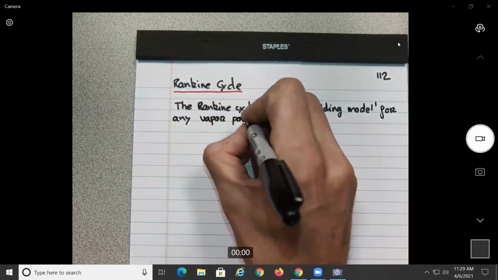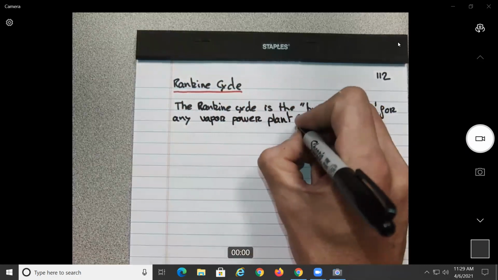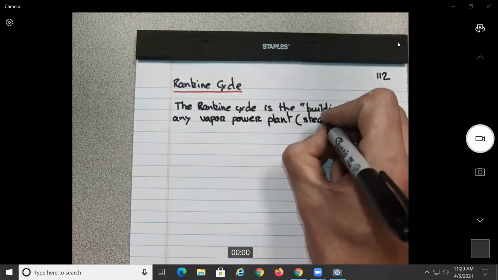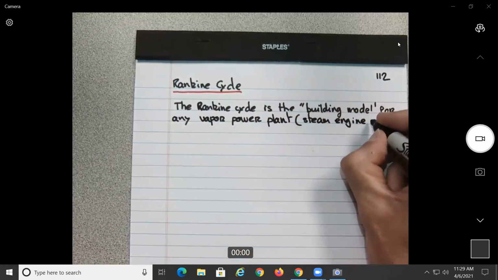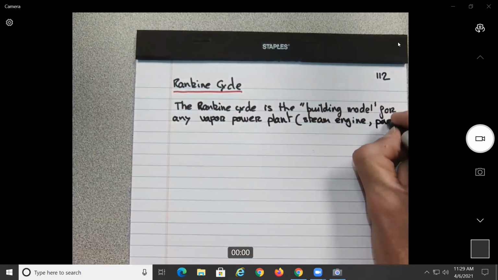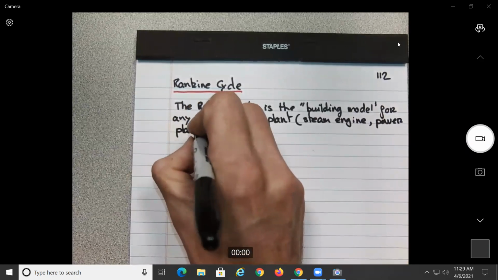So basically, a steam engine. Obviously, today we don't have steam engines, but let's say power plants, nuclear power plants, that's what they use.